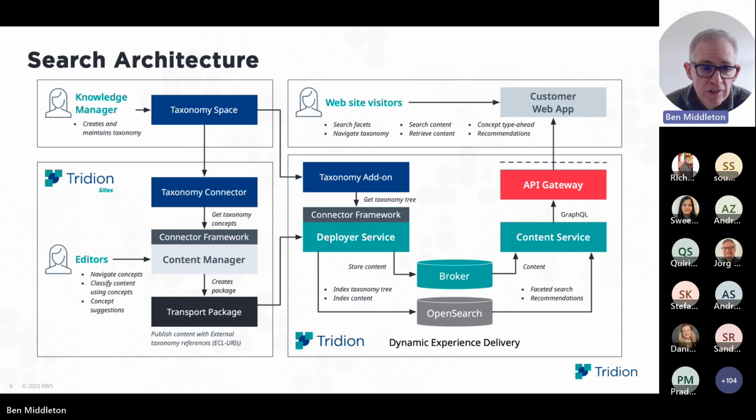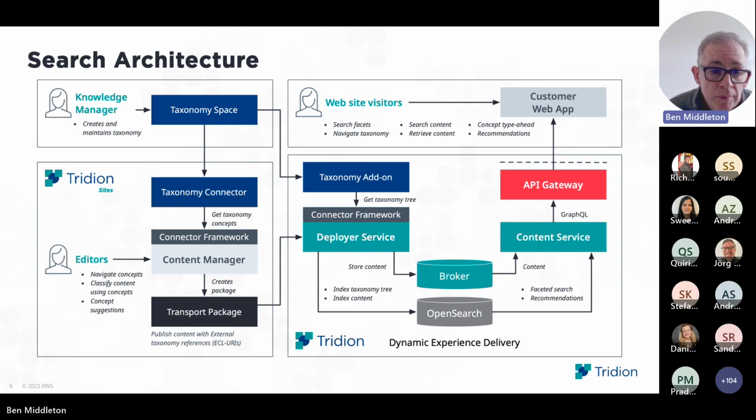It's all done by reference. So you see here that we reference the IDs of the concepts and not the values. The value of that means that if you later change your taxonomy, or if you need to change the labels on that thing, you don't have to republish content. All you need to do is resync your taxonomy with our OpenSearch taxonomy index, and then they become visible to your web app.